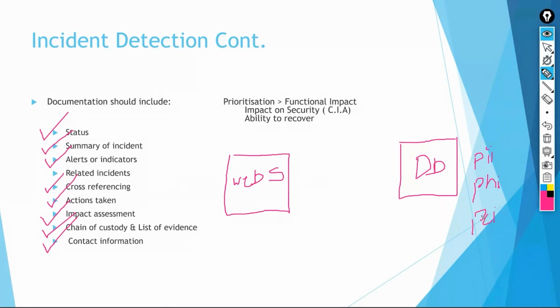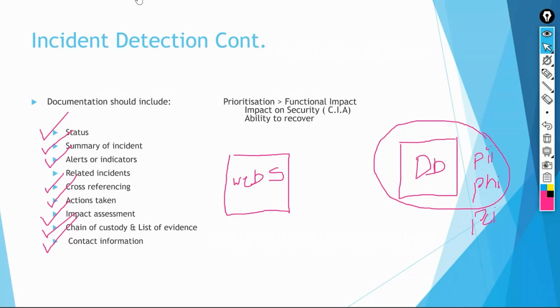So when an incident comes, you need to investigate the incident from the database server first. We need to give more importance to investigating the incident from the database server because it is processing my PII, PHI, and credit card related data.